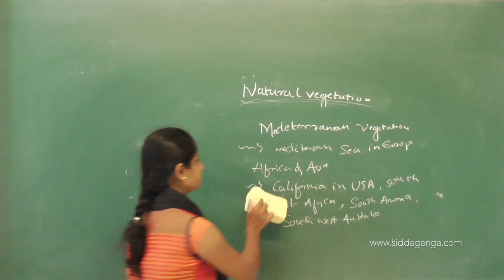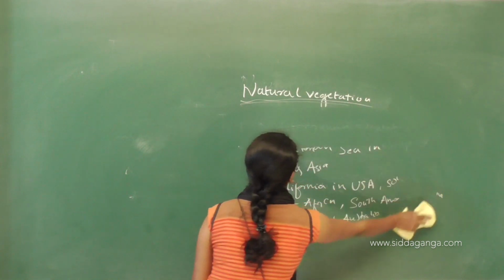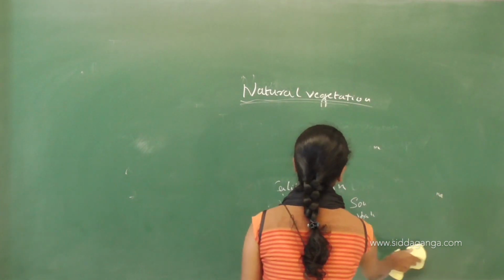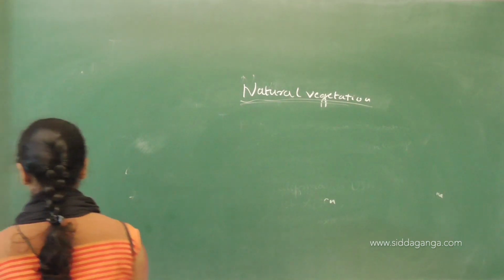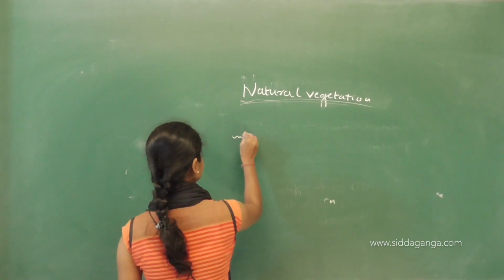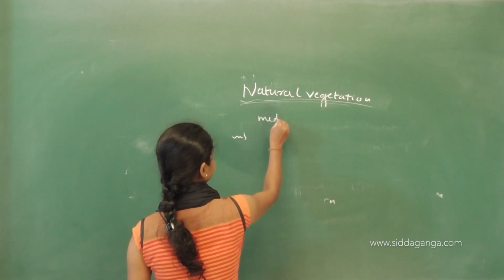These are the places where we can see Mediterranean vegetation.